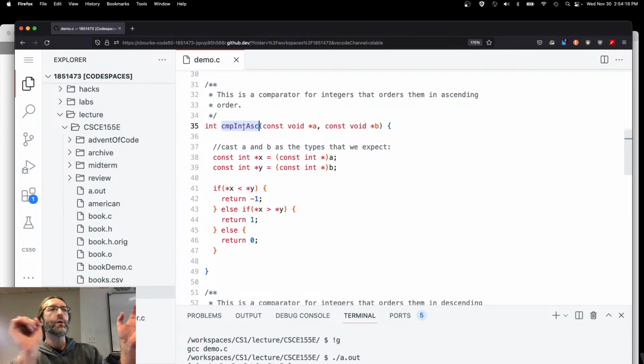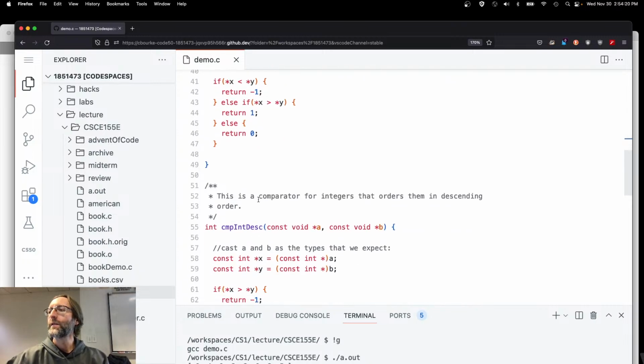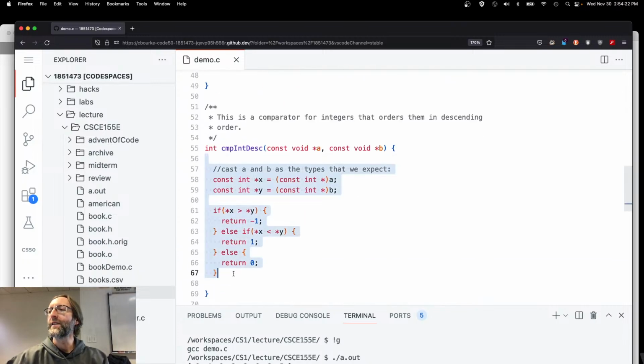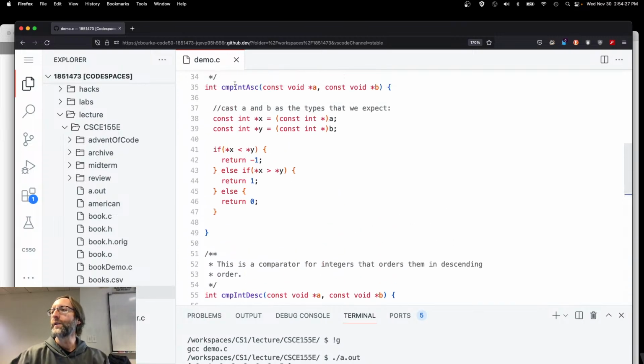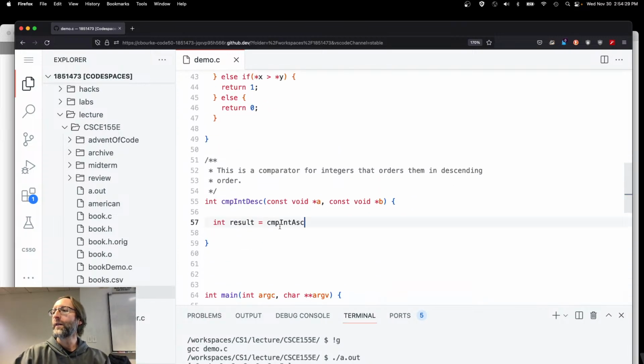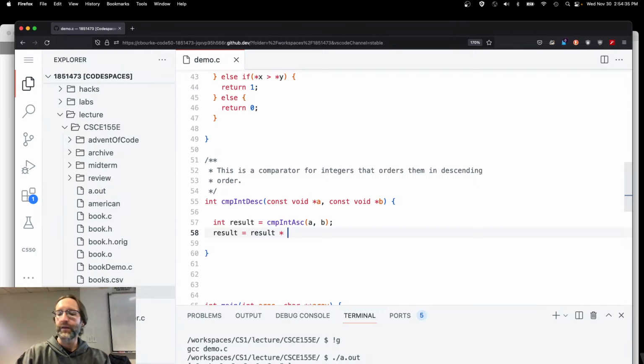-1 becomes +1. +1 becomes -1. So what could I have done instead? Int result from this other one of A and B. And then I could say result is equal to result times -1.